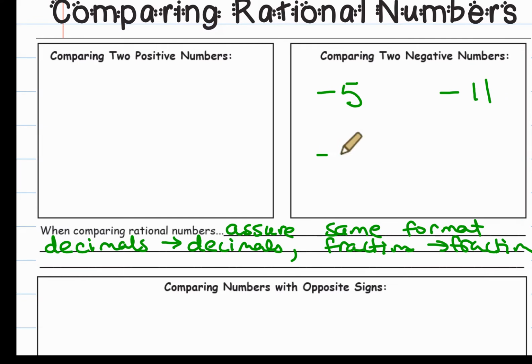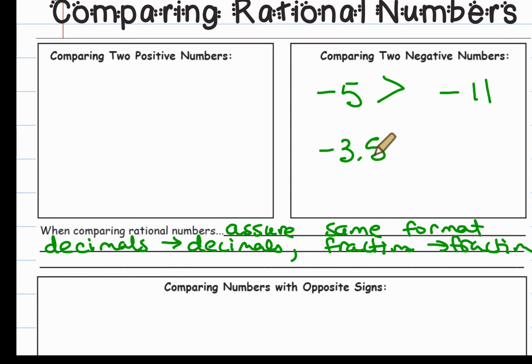If we think about the number line, and I went to -5, and then I went to -11, -11 is farther away from 0, therefore it has to be much less than -5 is. So -5 is the greater one. It's kind of backwards when we're dealing with negative numbers. The closer it is to 0, the greater it is.